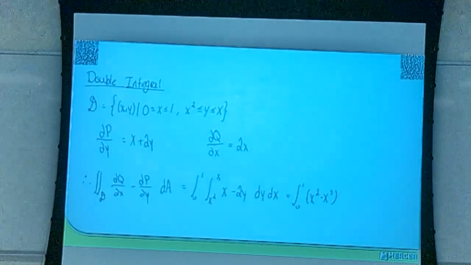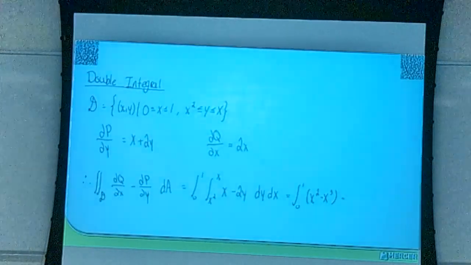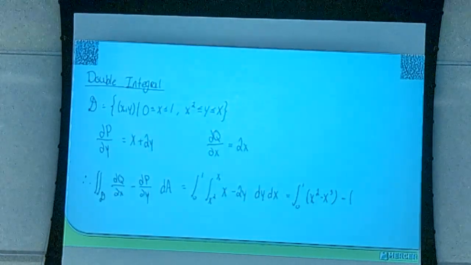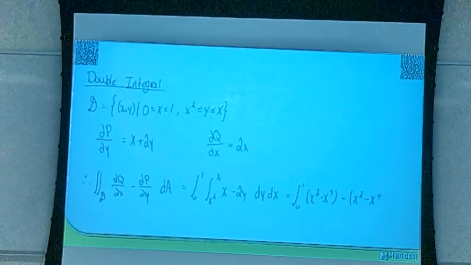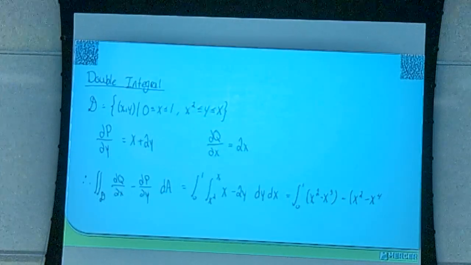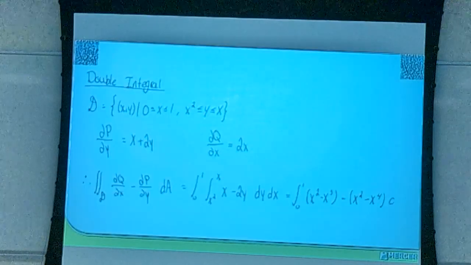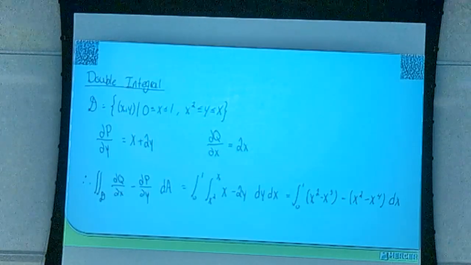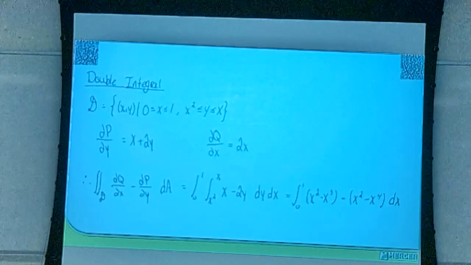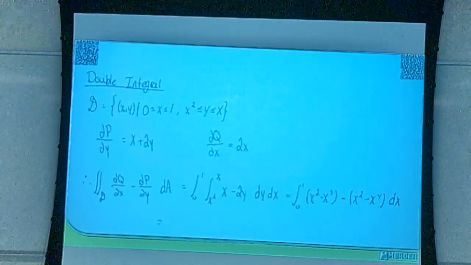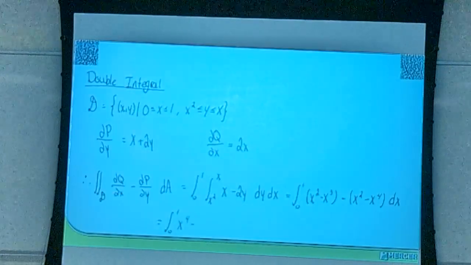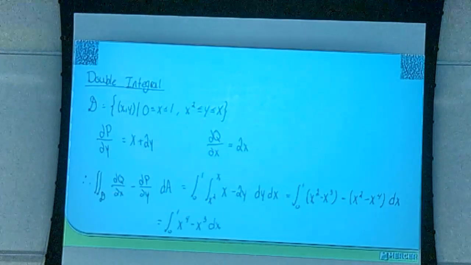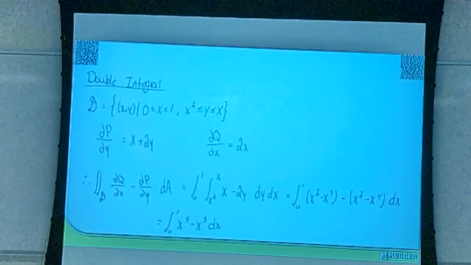Minus y squared, from x to x squared, that's going to be what? Minus x squared minus x to the fourth? Yeah. Just simplifies to the integral from 0 to 1 of x to the fourth minus x cubed.